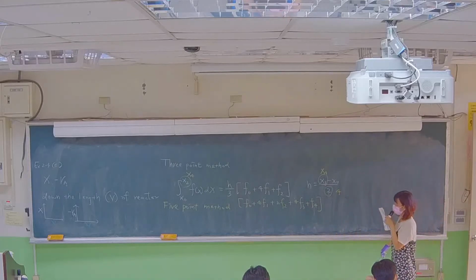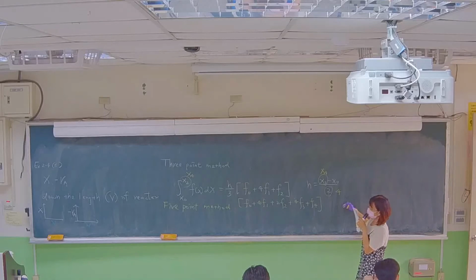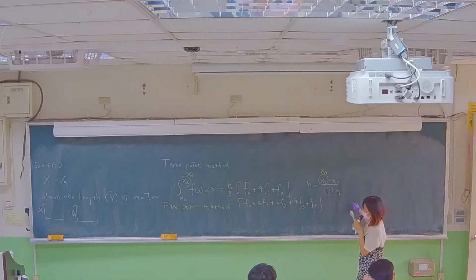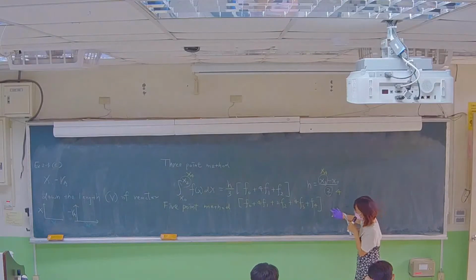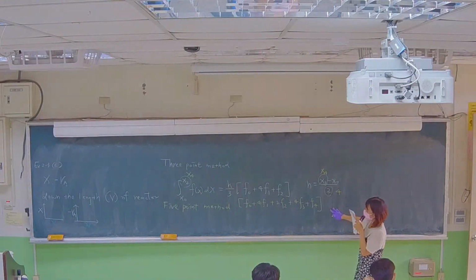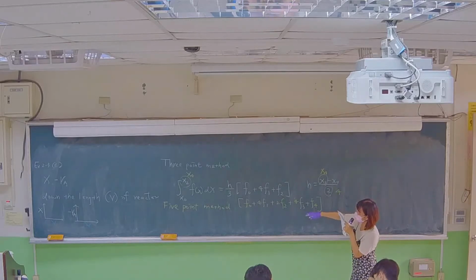So these two methods can be used for integration. The answer obtained using the 5-point method is closer to the real value, right? Because there are more points.